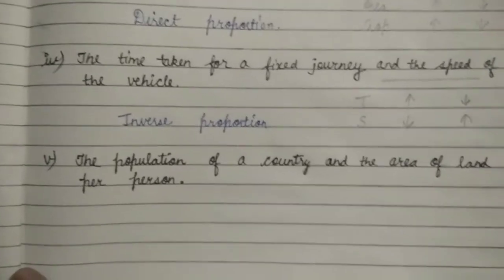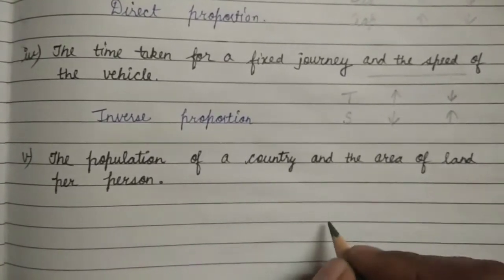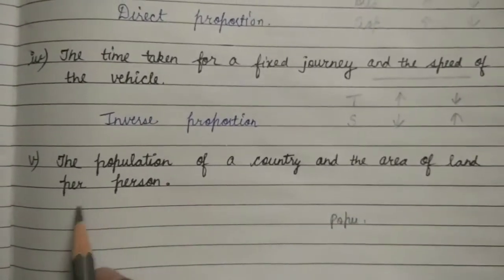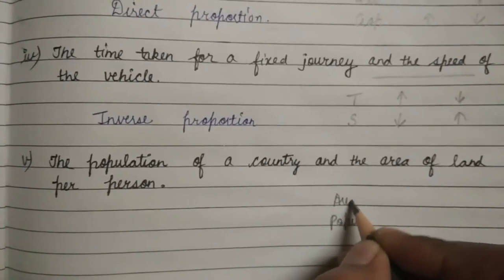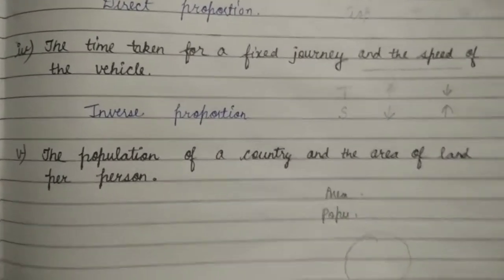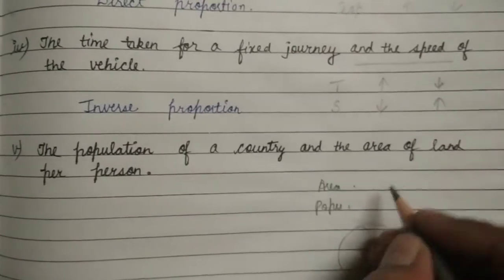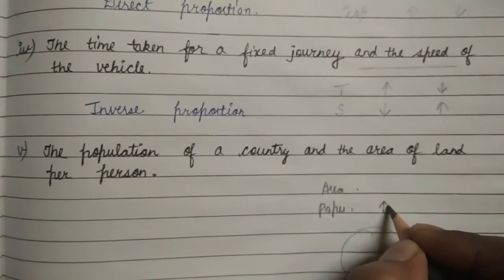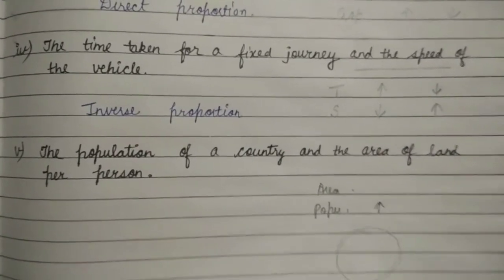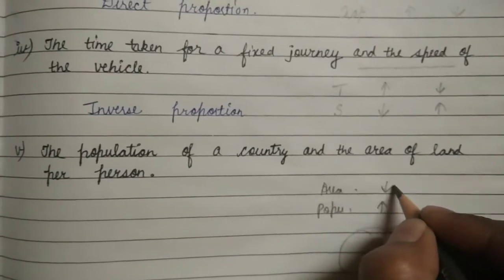Now the fifth one is the population of a country and the area of land per person. The area of any country is constant. So when the population is increased, the area for the livelihood of each person will decrease.